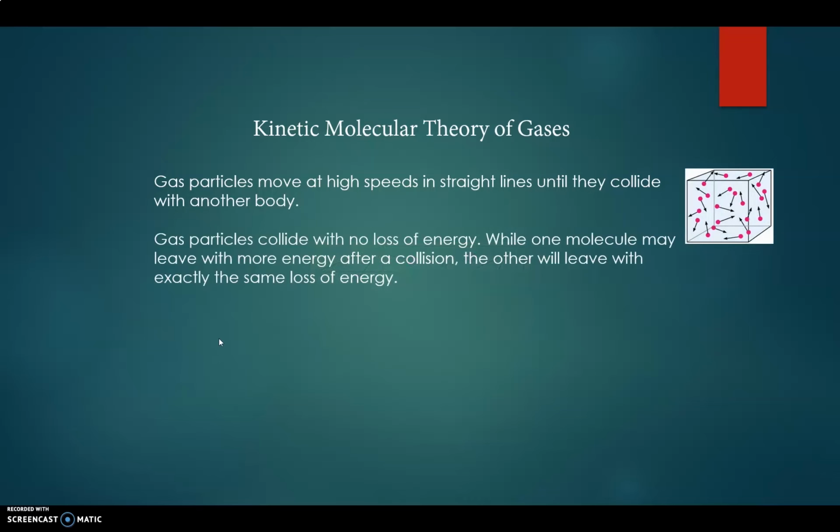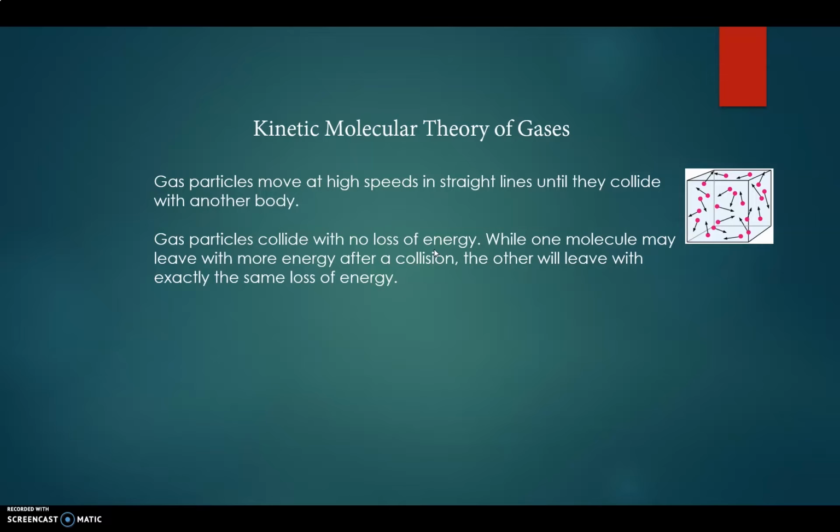The second point of the kinetic molecular theory is very important, and that is that gas particles collide with no loss of energy. They are said to make perfectly elastic collisions. So an elastic collision means that when two objects bounce off of one another, they don't lose any energy.